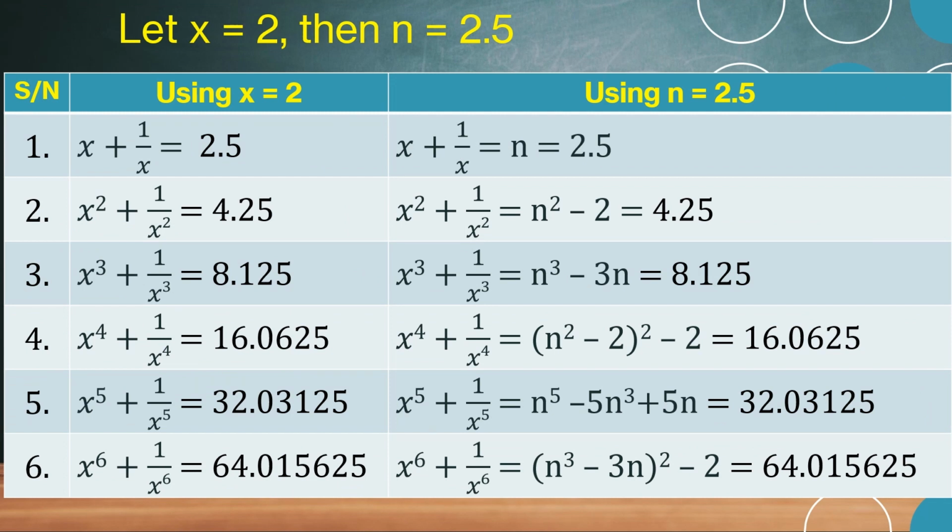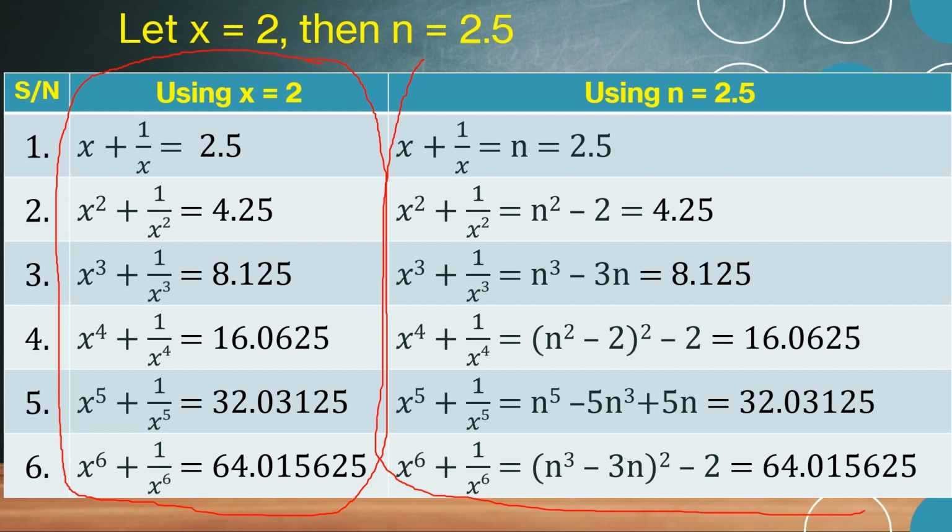So what we will be doing in this particular table is to compare what we have on the left-hand side, that is what we have in this column, with what we have on the right-hand side column.